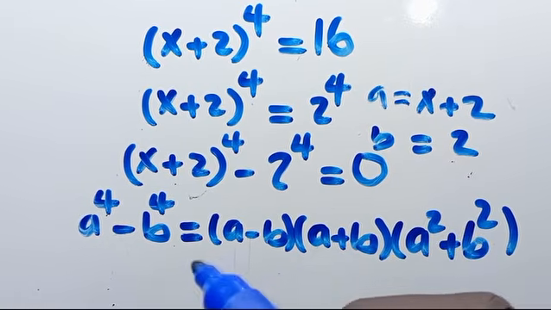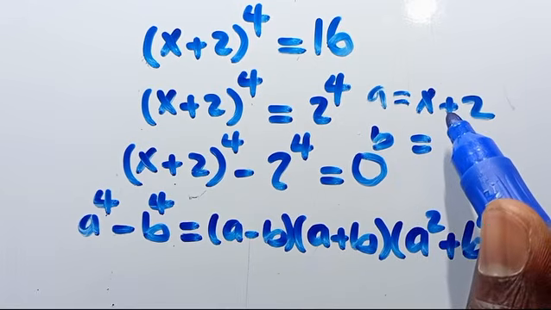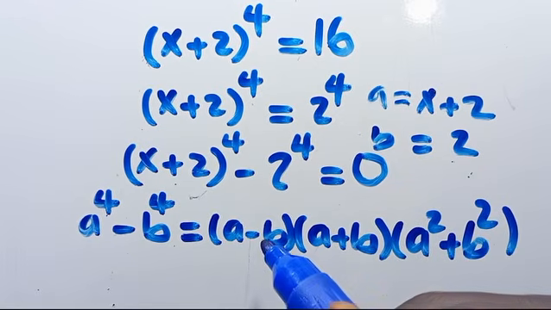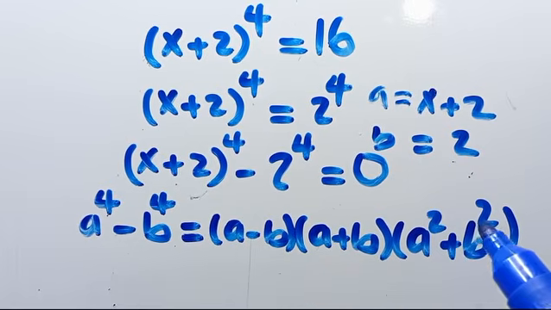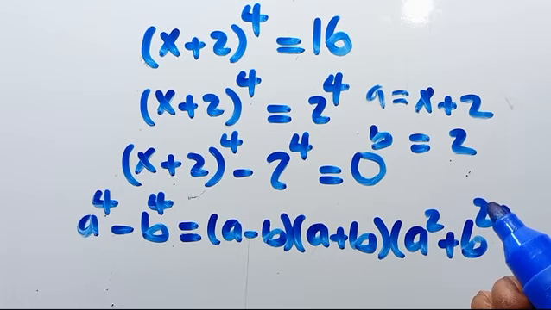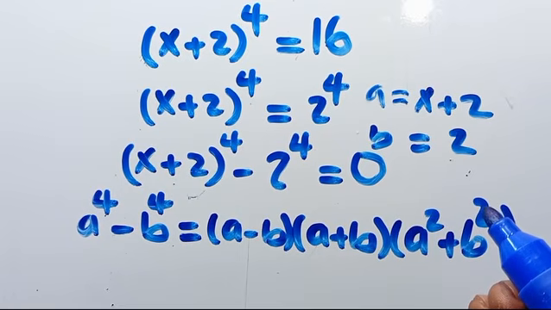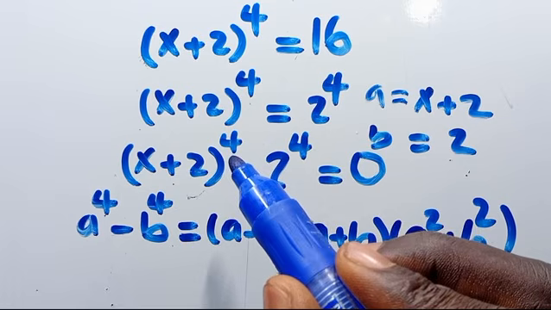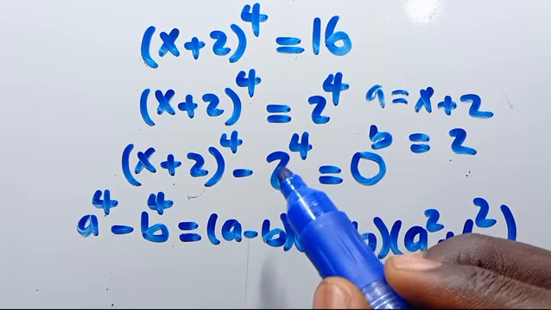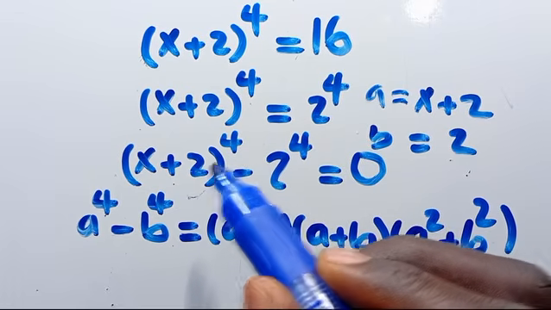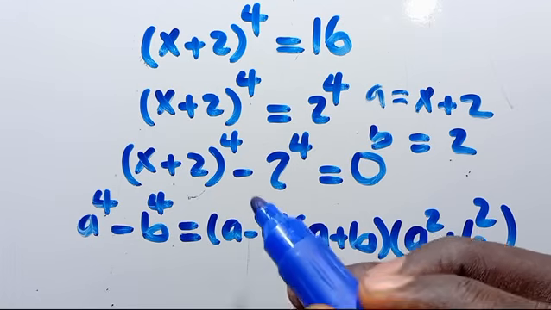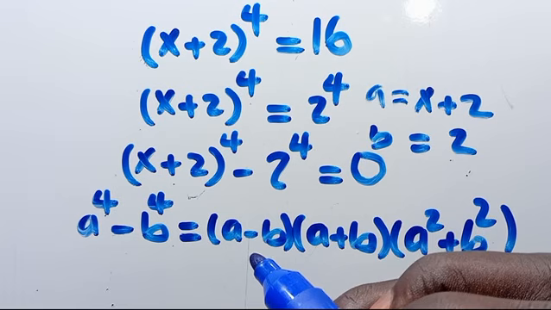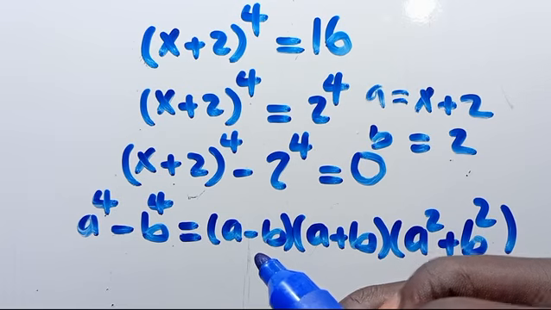So now, by substituting the value of a to be x plus 2 and b to be 2, we can have the possible solutions for this problem. Mind you that we are expected to have 4 possible solutions because the degree of x is 4.